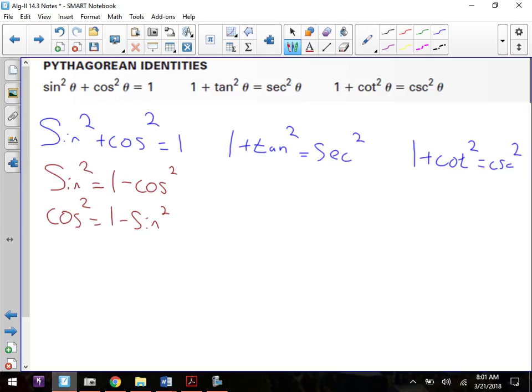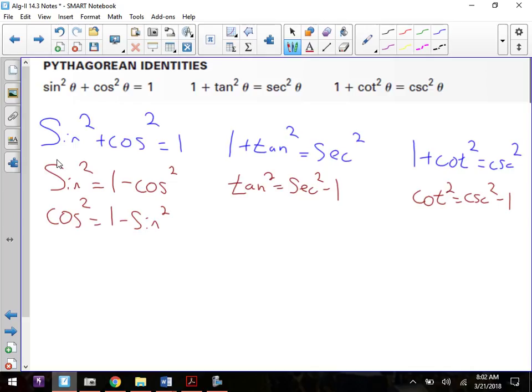Same deal with tangent squared. I can get tangent squared by itself, and then cotangent. If tangent is sine over cosine, what do you think tangent squared is? Louder, Haley, you're right.